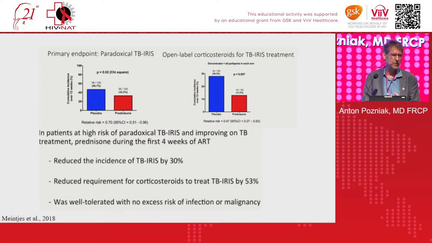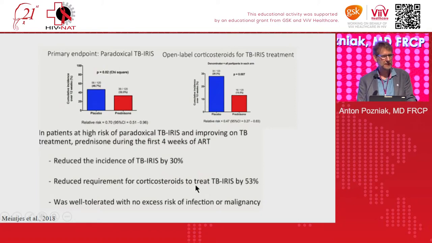One of the problems that we have in our setting is CMV retinitis or Kaposi's sarcoma when we give people steroids. But this was relatively short course steroids, 4 weeks only, and so perhaps this isn't a big issue. But they didn't see any of this in the South African setting.